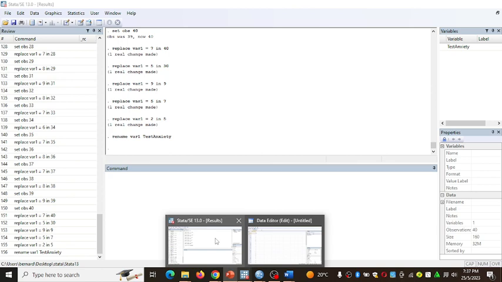So the fourth one is the interval or ratio scale.